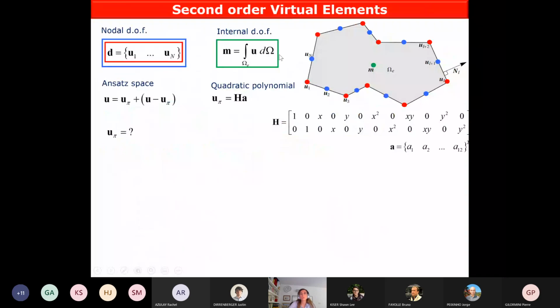So it is possible to approximate M as a function of only the degrees of freedom that are defined along the boundary of the element.